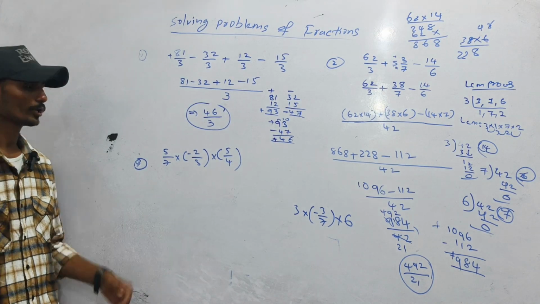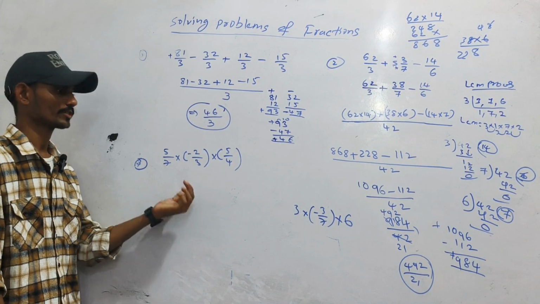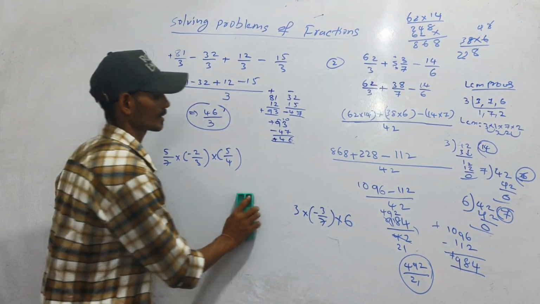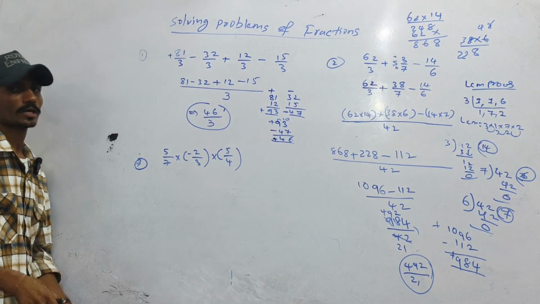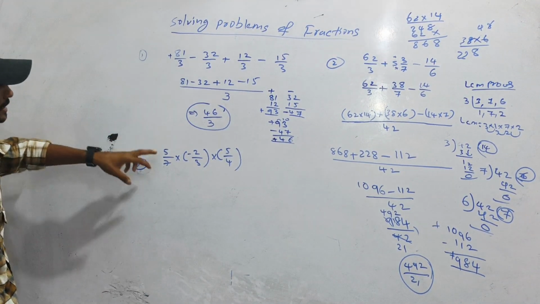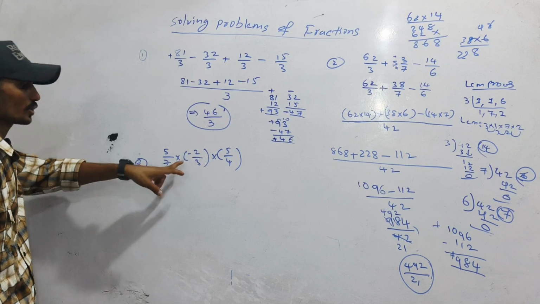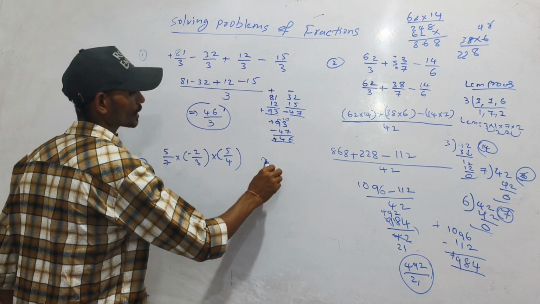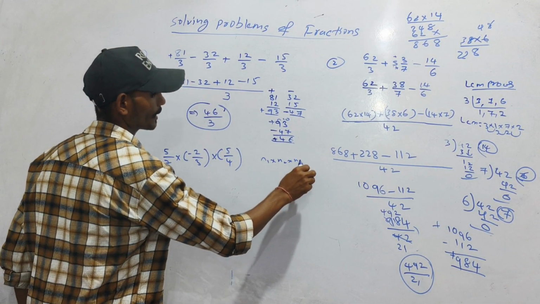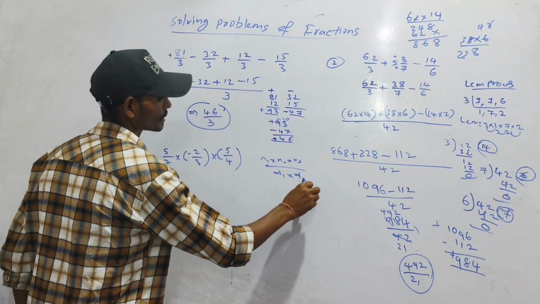Okay, next you check whether this is multiplication or division. This is multiplication, the sign is multiplication. In the case of multiplication, numerators into numerators and denominators into denominators.